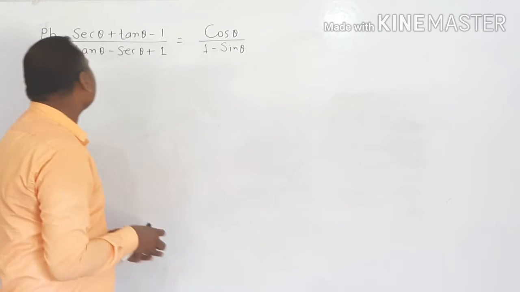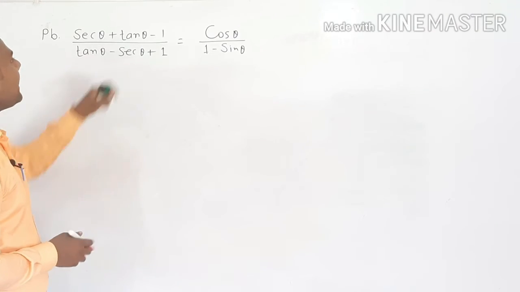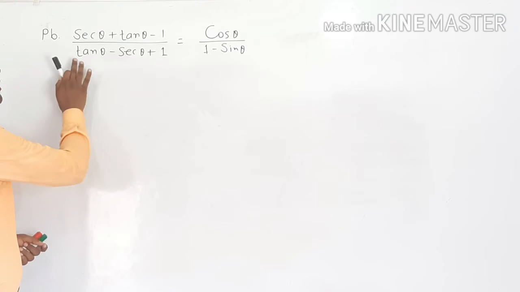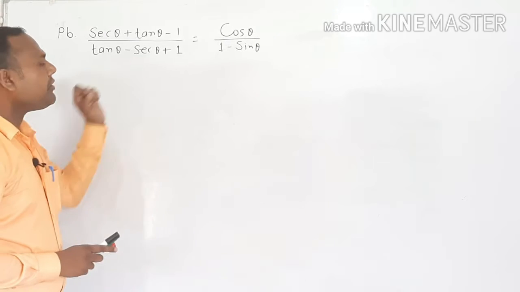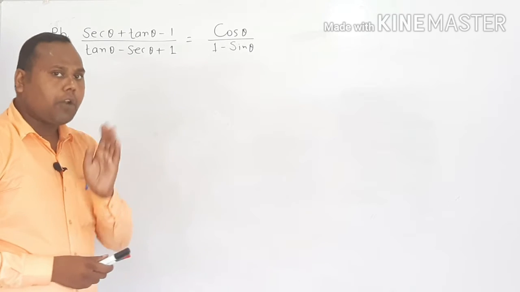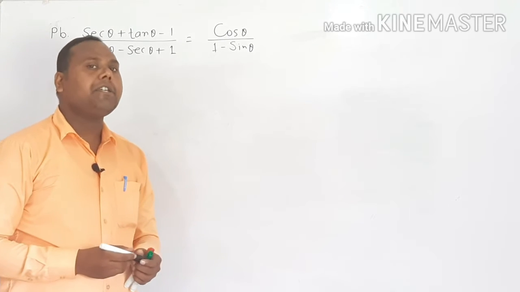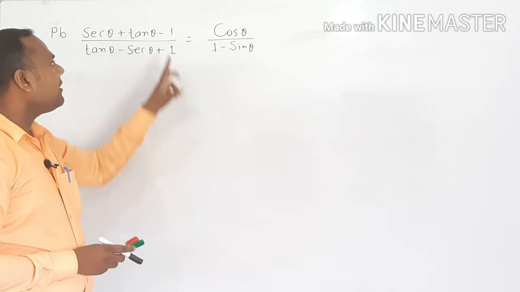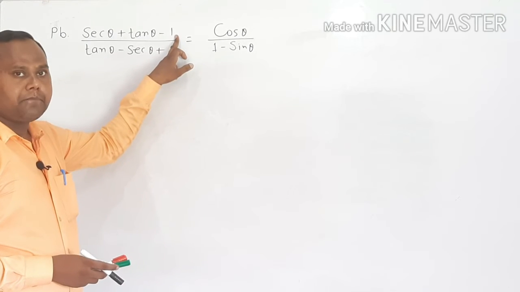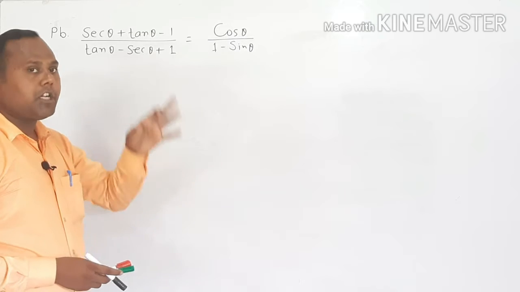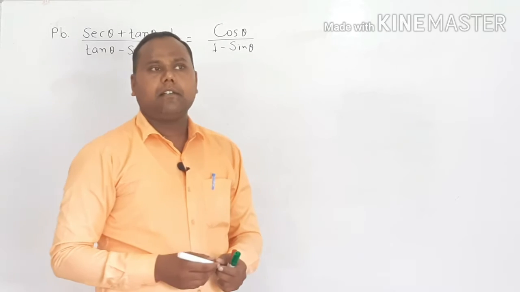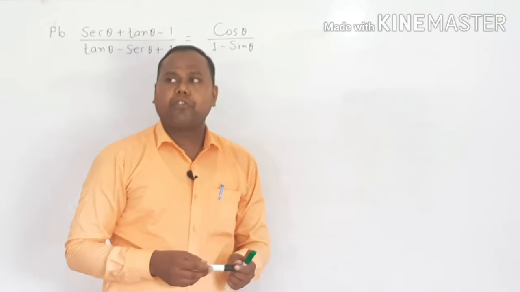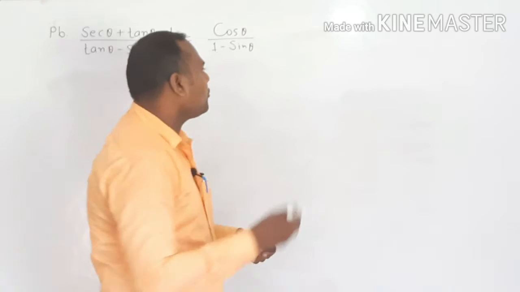The question is (sec θ + tan θ − 1) upon (tan θ − sec θ + 1). In this question, we always remember how to arrange terms after using the formula for 1, so that the cancellation process is applicable.